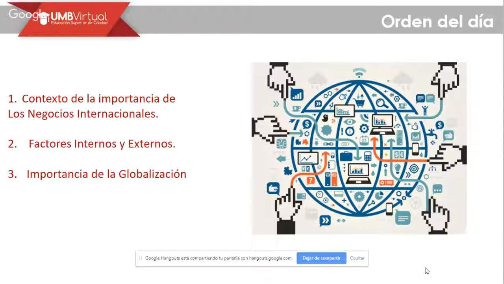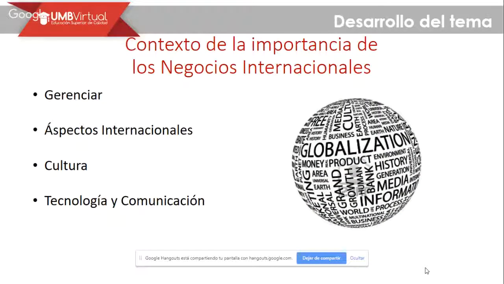So, first of all, what is the context or the importance of international business today? Well, the context and importance of international business today is huge. In case you haven't noticed, everything in any business is focusing towards expanding to globalized markets and international markets.